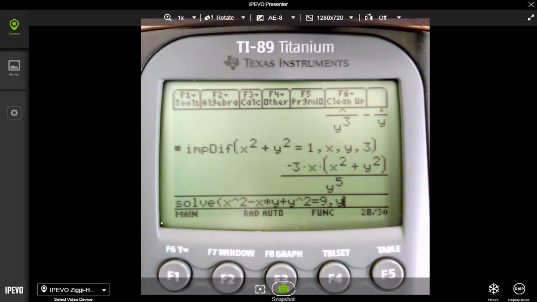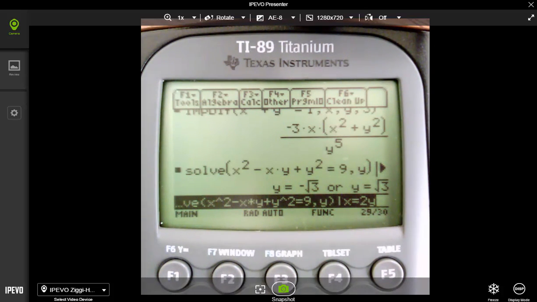Because do we know what x is? So close your parentheses, such that x equals 2y. Press enter.